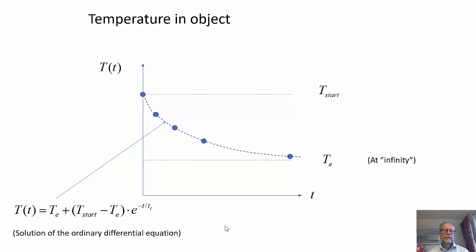If we solve the ordinary differential equation we saw on the last slide, we get this solution. It's an exponential decay, starting at the start temperature, and slowly but surely the temperature reaches the surrounding temperature.